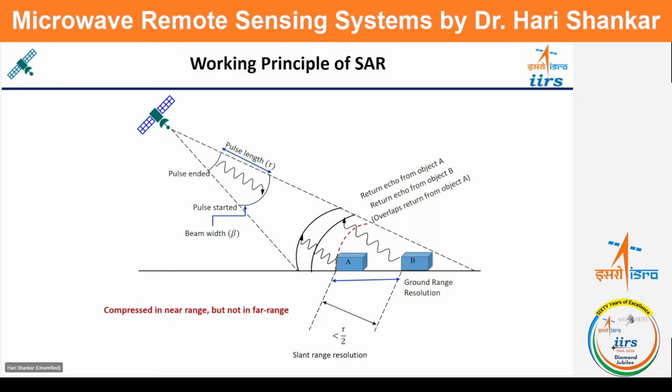It means the sensor can see all targets very easily. That is the beauty, because this backscatter signal is also called the backscatter echo. Suppose this echo reaches simultaneously from all the targets, then the sensor cannot differentiate these echoes. It means the sensor will be confused.